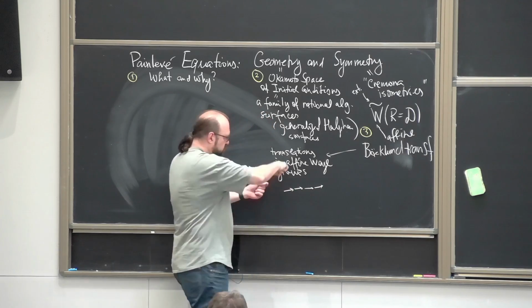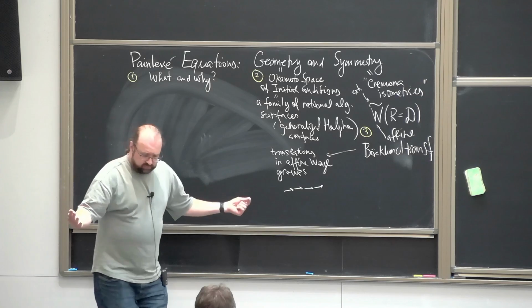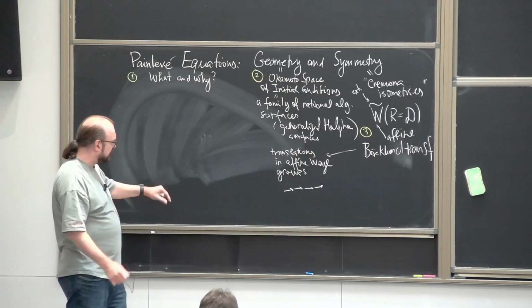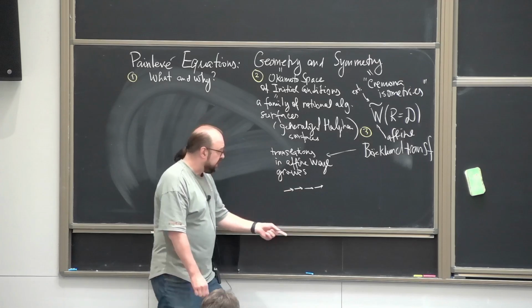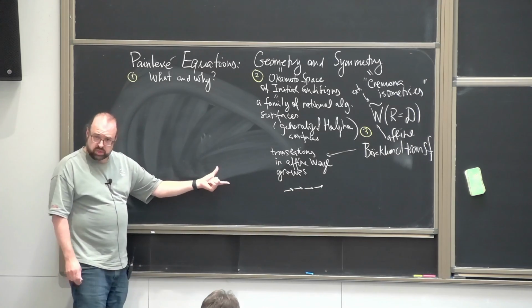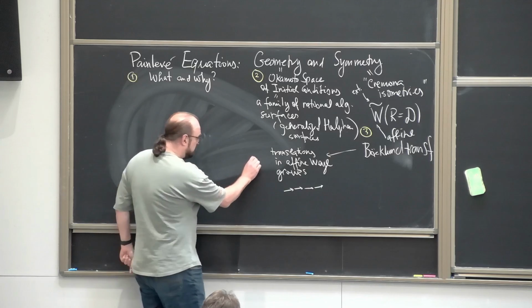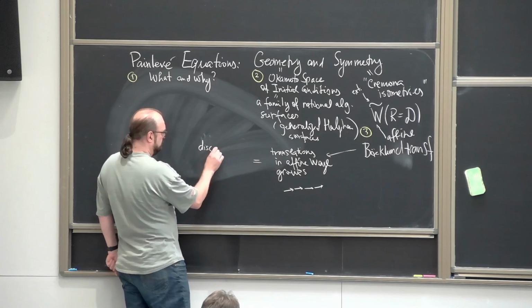You just go by some fixed vector in some affine space, and associated to this fixed vector is actually a nonlinear equation, and this nonlinear equation became known as discrete Painlevé equation.